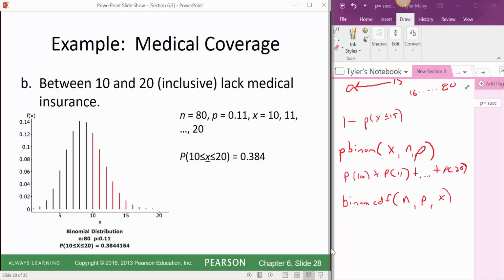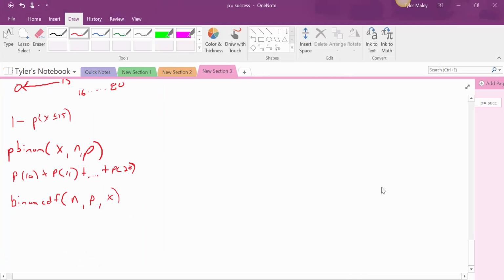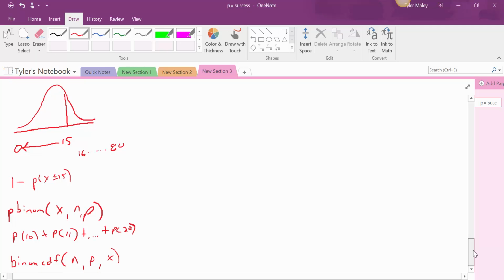So we have to think about how to find this. Let me make this a little larger here. So this is what I want. If I enter the command binom CDF into my graphing calculator, what was my n?